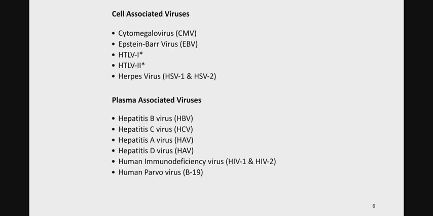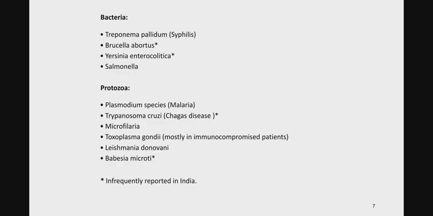Now we'll classify the different types of infections that are present in the blood. The cell-associated viruses are cytomegalovirus, EBV, HTLV 1 and 2, and herpes simplex virus 1 and 2. The plasma-associated viruses are hepatitis B, C, A, D virus, human immunodeficiency virus, HIV 1 and 2, and human parvovirus.